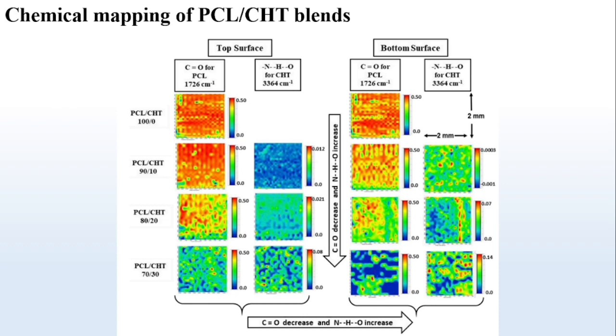Increasing chitosan concentration in the plane led to decreased ester carbonyl absorbance and increased absorbance of bonding between nitrogen, oxygen and hydrogen.